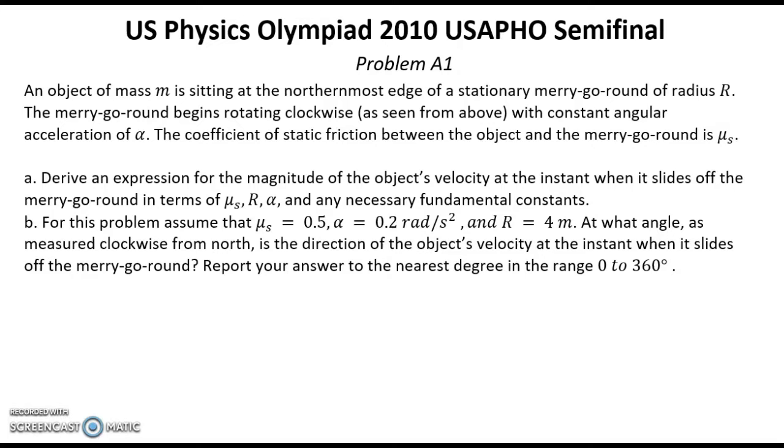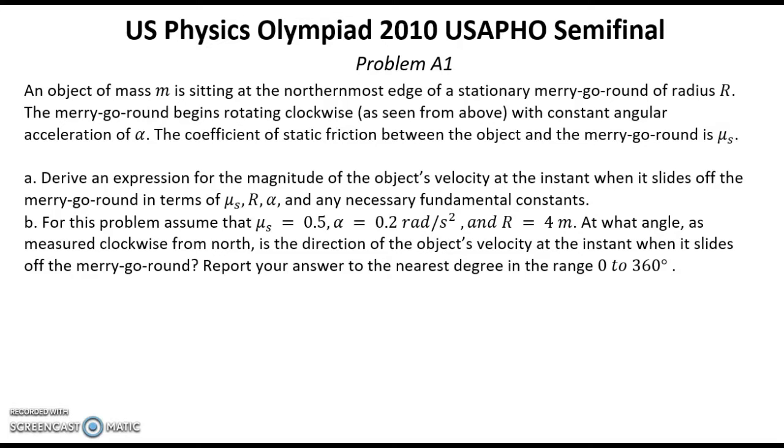The coefficient of static friction between the object and the merry-go-round is mu s. First question. A. Derive an expression for the magnitude of the object's velocity at the instant when it slides off the merry-go-round in terms of mu s, r, and alpha, and any necessary fundamental constants.